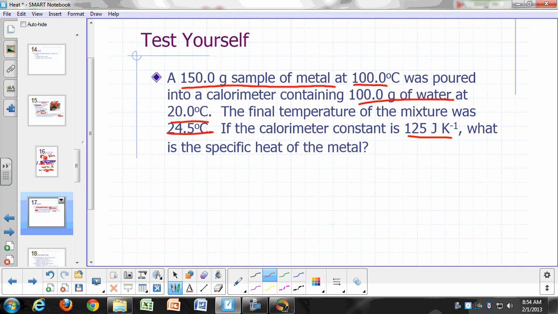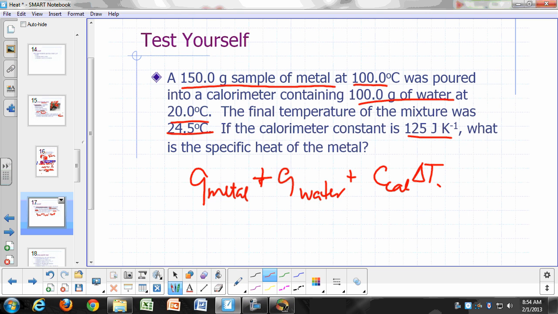So same equation here: Q metal plus Q water plus Q cal, which is C cal delta T, must be equal to 0. This time, what do you know? You know C cal delta T cal. You know Q water, right?